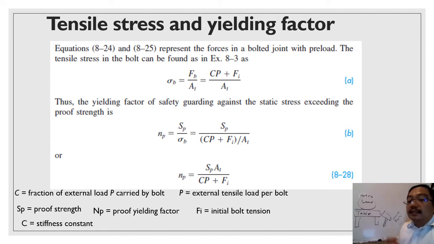Maybe this table cannot withstand the load, and it will fail at the bolt. So that is what we want to talk about in this topic, when you are putting the stress in static, not moving. Your part is not moving.